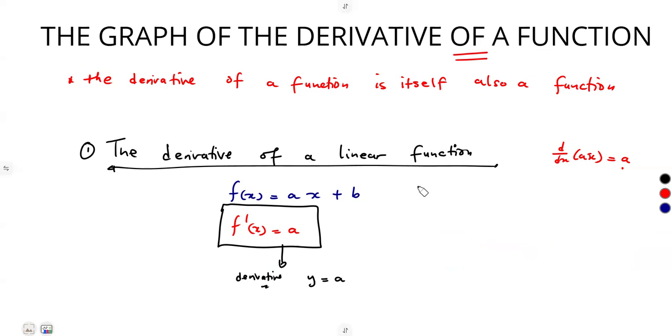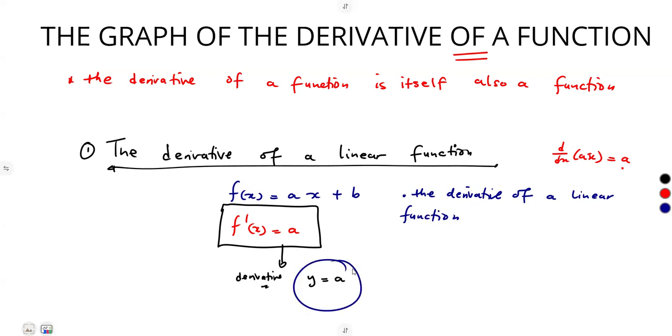All right. So let me just write in short the derivative of a linear function. We saw that it is going to give us y is equal to a, gives us a line that is parallel to the x-axis, all right?